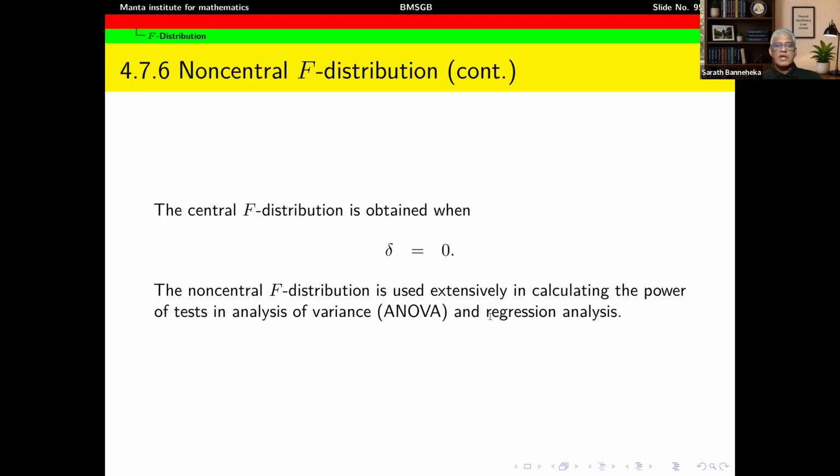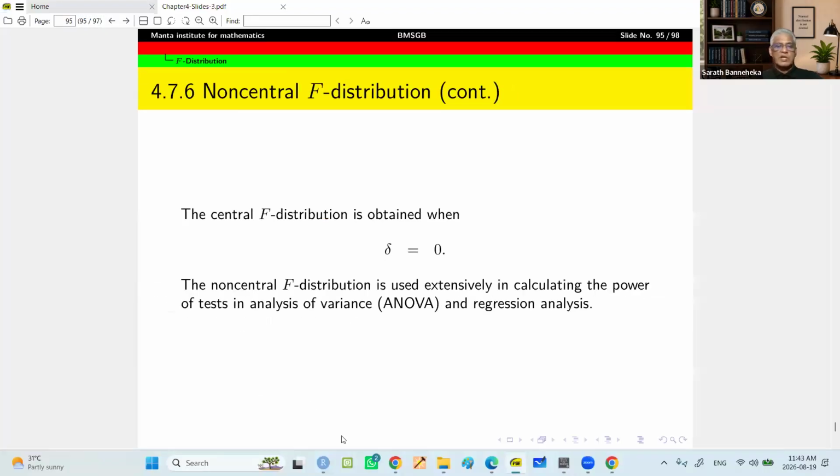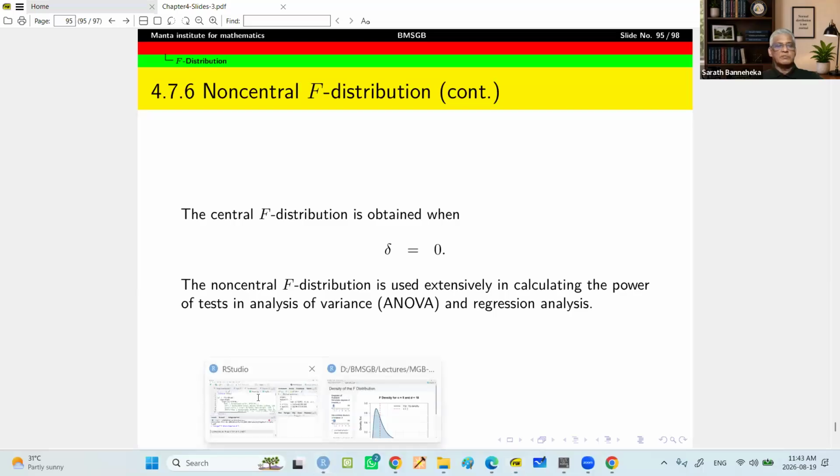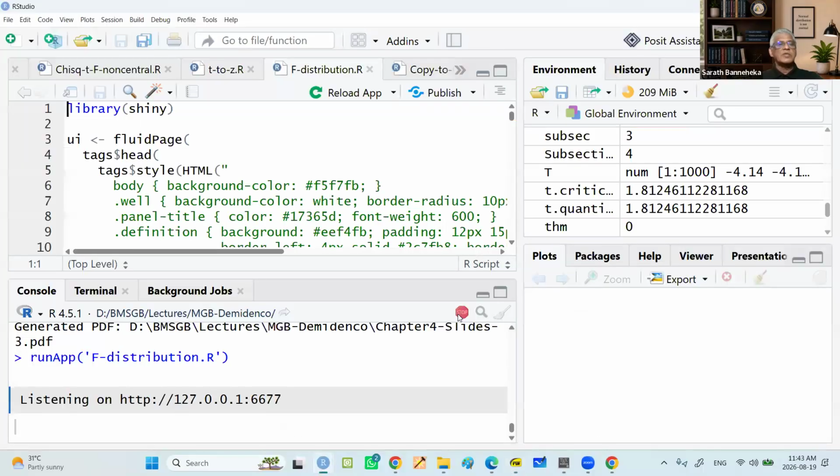Now let us look at what happens to the density of a non-central F distribution when we change the value of the non-centrality parameter. For that, I have a Shiny app. So let me use that app now.